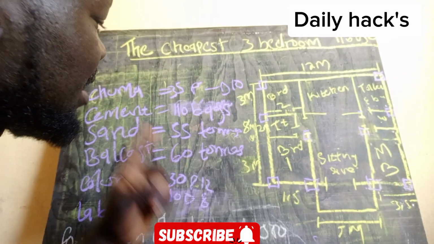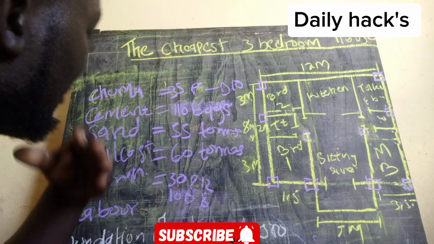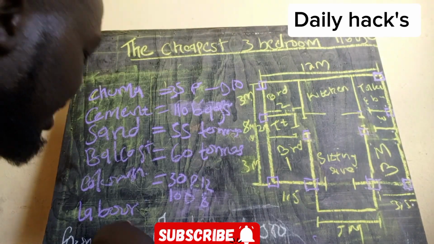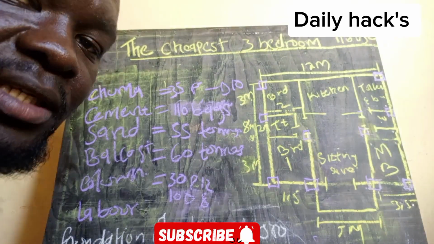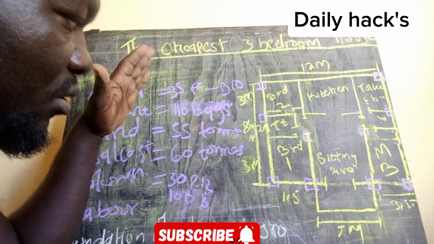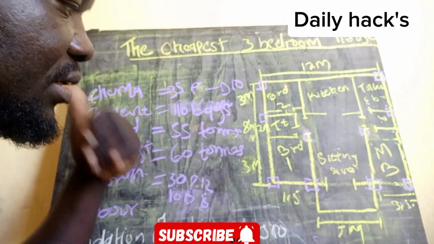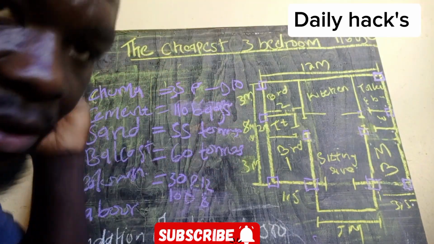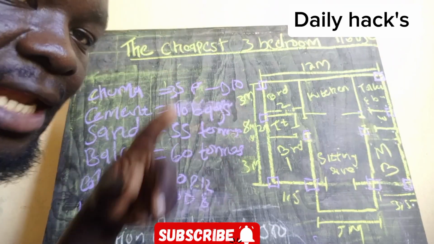So let's calculate all the cost of the foundation. Then we do the labor, 40% of the materials, we get the labor, and we all know the total foundation of this house up to the slab.